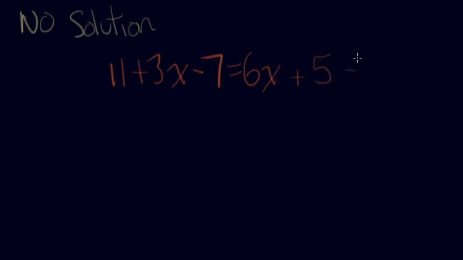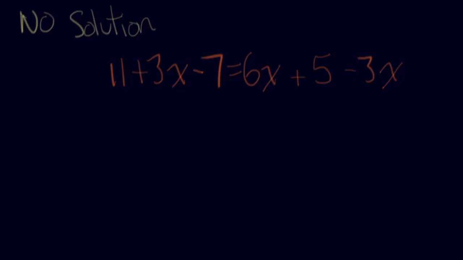So let's take a look at an example of 11 plus 3x minus 7 is equal to 6x plus 5 minus 3x. At first glance, you think, oh, okay, this is just a regular old algebra question. My teacher's done it again. And you wouldn't have an idea that this is going to be a no solution question.